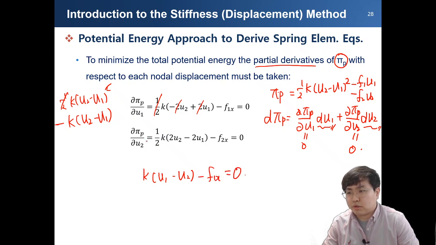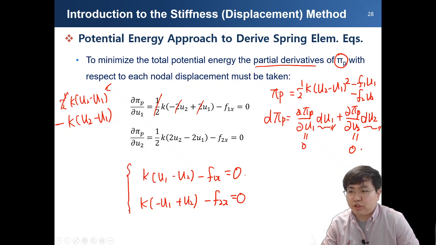And in the second part, the partial derivative by u2 also looks like this: minus u1 plus u2 minus f2x. We obtain two linear algebraic equations.